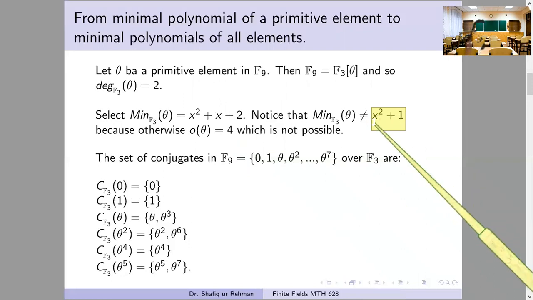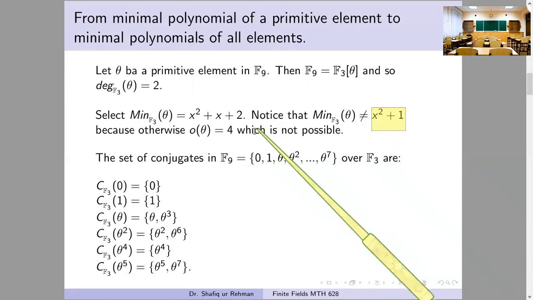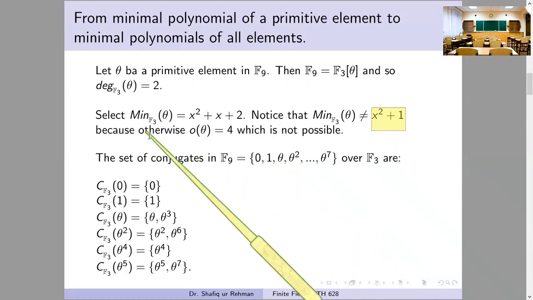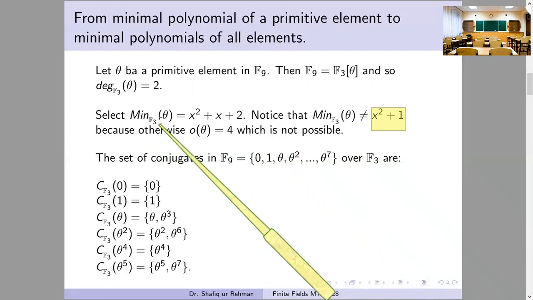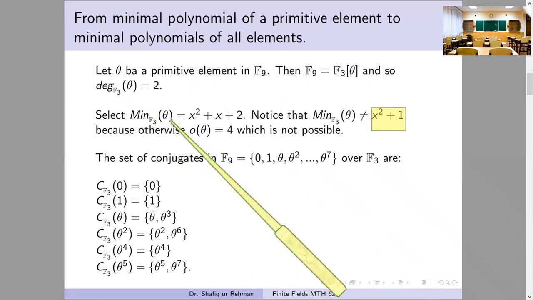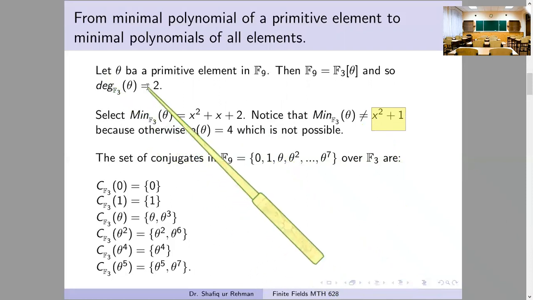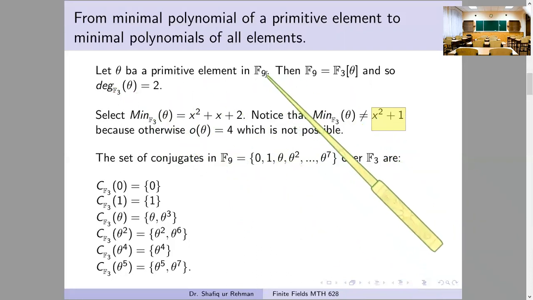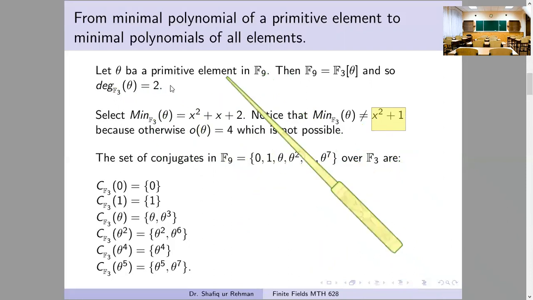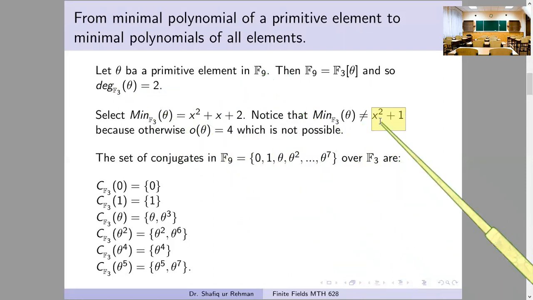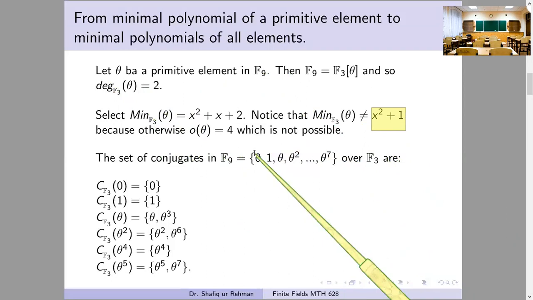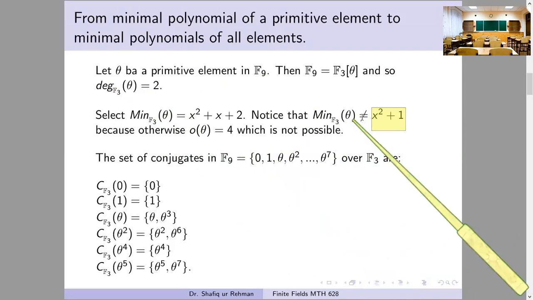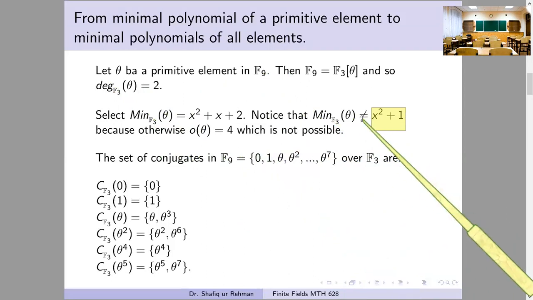This implies theta^2 = -1 and theta^4 will become 1. So you have to be careful while selecting the minimal polynomial of this element theta, because this is a primitive element, so this element must have order 9 - 1, that is 8. So the order of a primitive element is 8, it cannot be 4. So we have to be careful while selecting the minimal polynomial of theta.